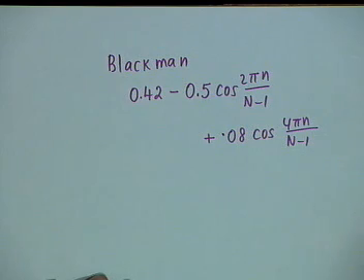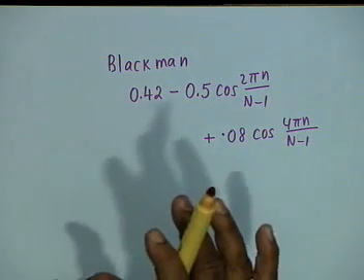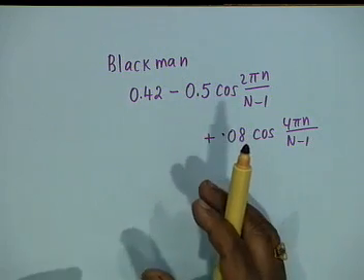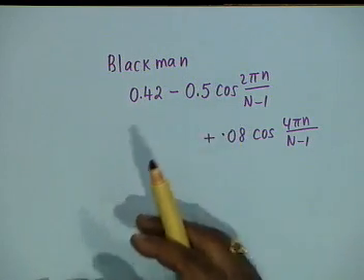Well, there is no reason why you cannot extend further and complicate your life. But it is not worth doing, because there is a kind of an uncertainty relationship between the main lobe width and the side lobe height. If one improves, the other deteriorates, and this is a reflection of the famous Heisenberg's uncertainty principle.